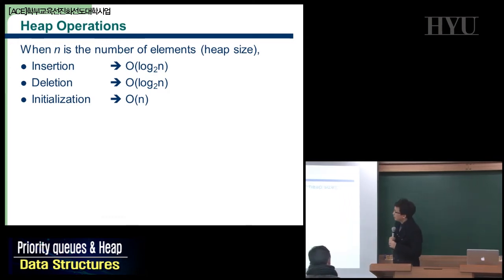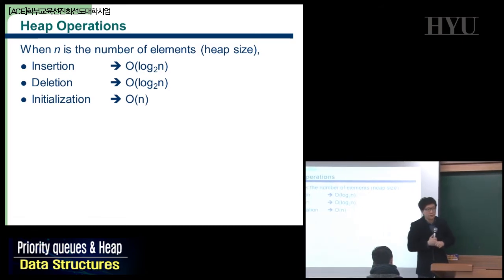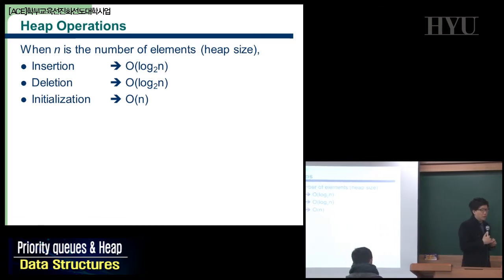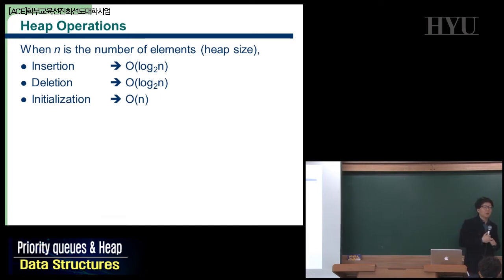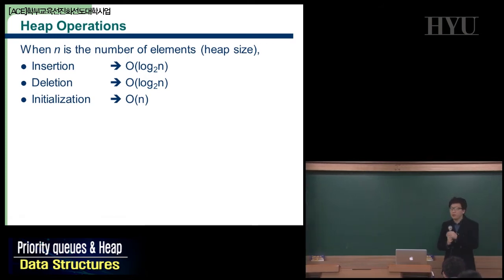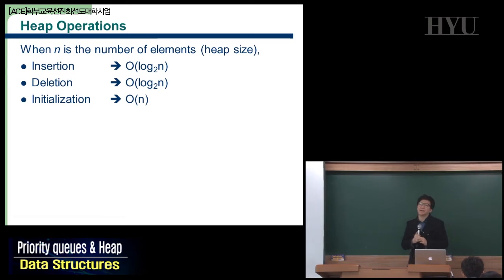Initialization, we'll cover it, but it's a bit obvious. You are making a new heap. In the worst case, you have to look through every single element to find the position. If you think of it that way, it's quite easy. Of course, there are formal definitions and formal ways of calculating how we obtain n, but I usually don't think of it that way.